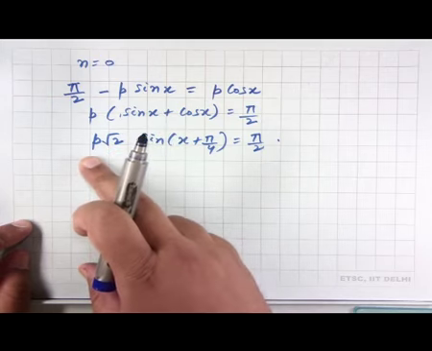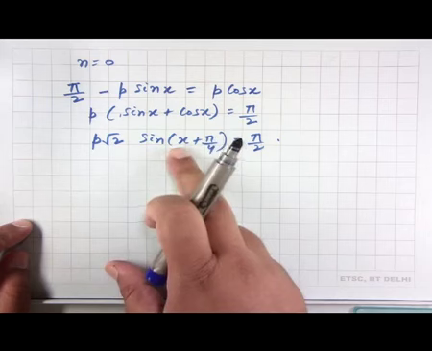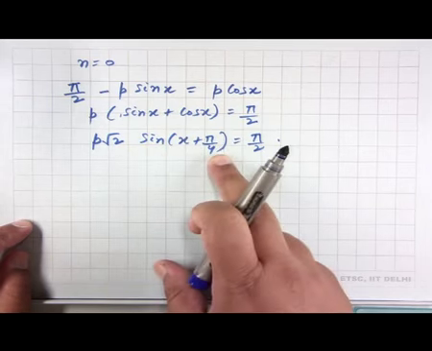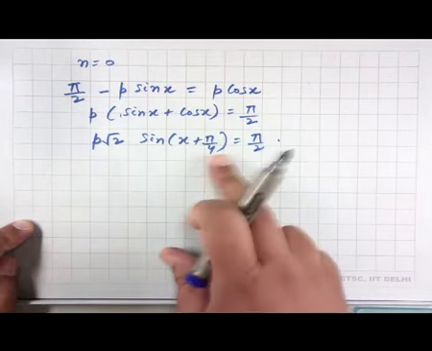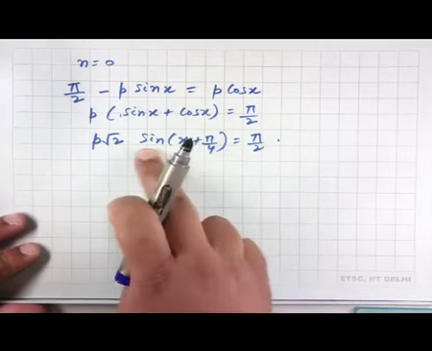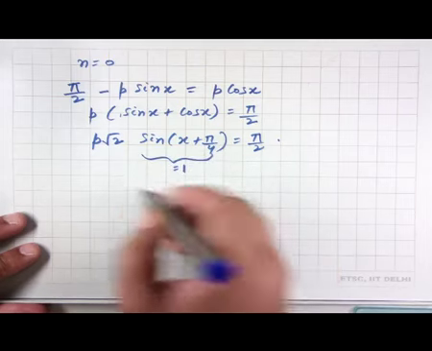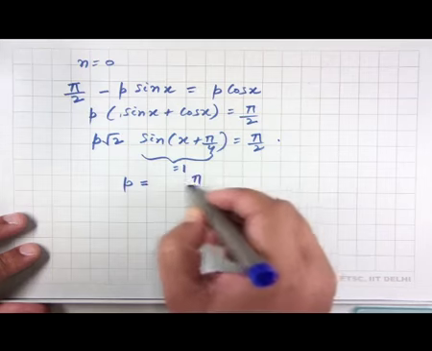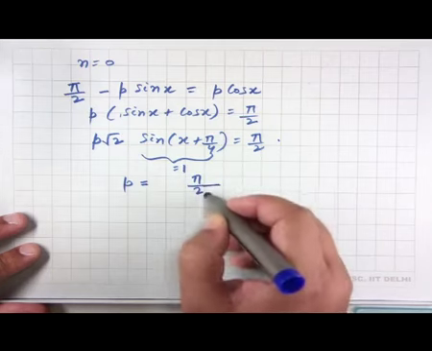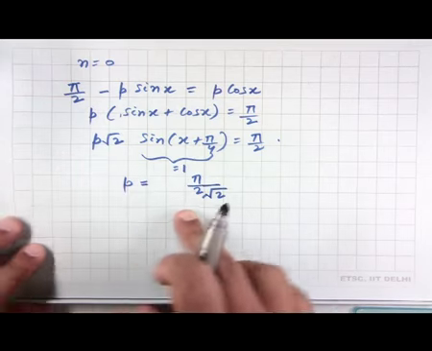Plus, since we want to find the smallest p, we should try to choose x such that sin of x plus pi by 4 is the largest possible positive value, which we know is 1. So, when this is equal to 1, we get the smallest possible value of p, which will be equal to pi by 2 over root 2. But this is only for n equal to 0.